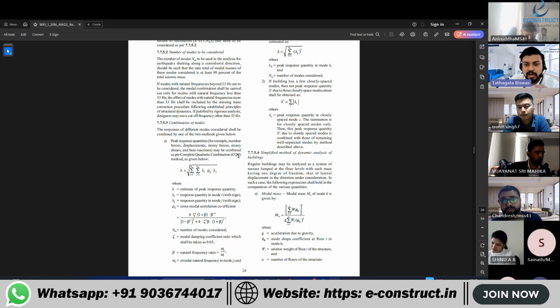It doesn't consider any mode to overlap with or talk to other modes. It just takes each mode and analyzes according to that mode's peak response. So this is the basic difference between complete quadratic combination and SRSS combinations. If you use complete quadratic combination for such structures, this lambda value will give you the estimate of peak response quantity.